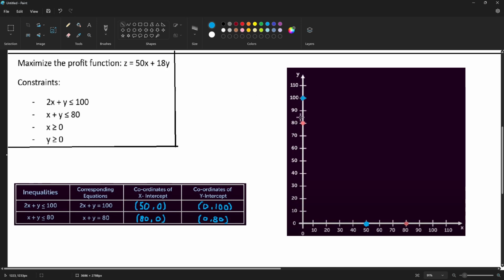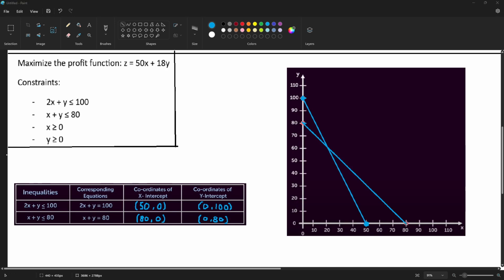And we are to draw a line from 100 to 50. And for x plus y equals 80, x equals 80, and y equals 80. And we are to draw again a line from 80 to 80.